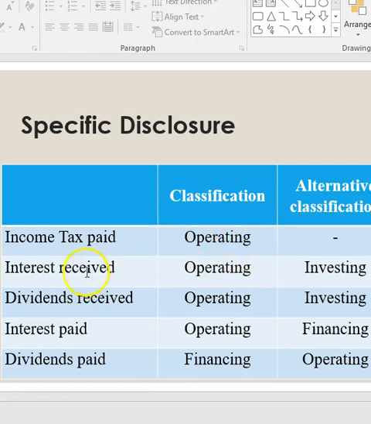Interest received you have to disclose separately; you can put it either in operating activities or investing activities. Dividend received, you can put in operating activities or investing activities. Interest paid, you can put in operating activities or financing activities. And lastly, dividends paid, you will put in financing activities or operating activities.